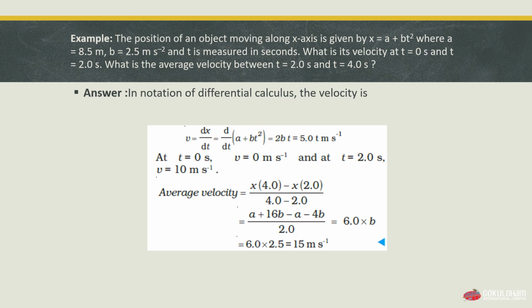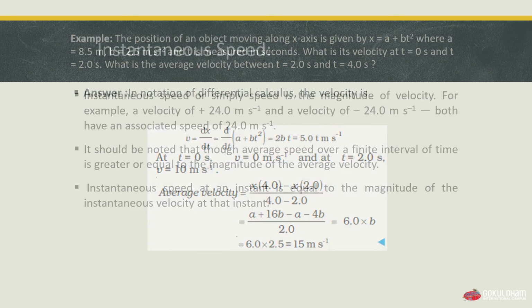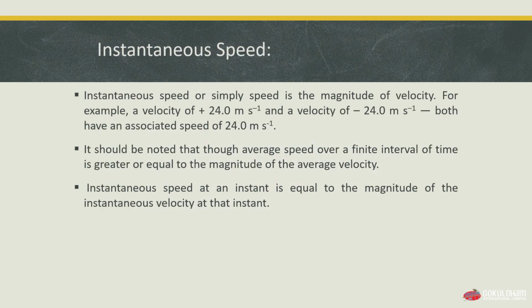We have seen about instantaneous velocity. Now we will come to instantaneous speed. Coming to the definition, instantaneous speed, or simply speed, is the magnitude of velocity. For example, if we take the value of velocity as plus 24 meter per second or minus 24 meter per second, it will not affect the speed. In both cases, the value of speed will be 24 meter per second, which is positive 24.